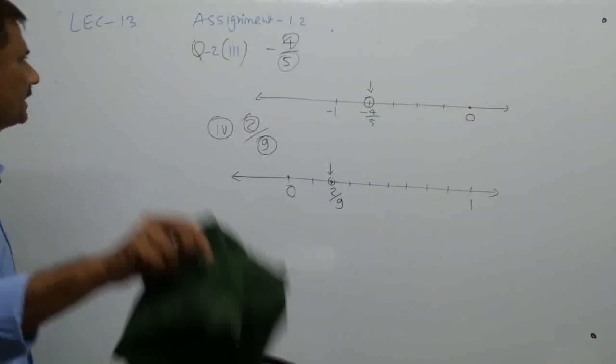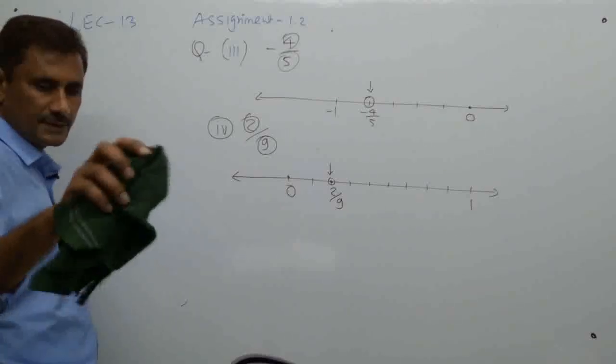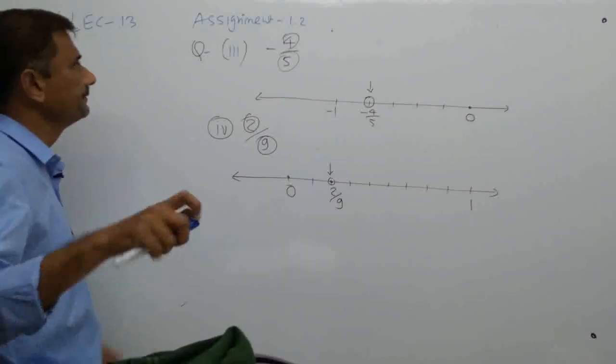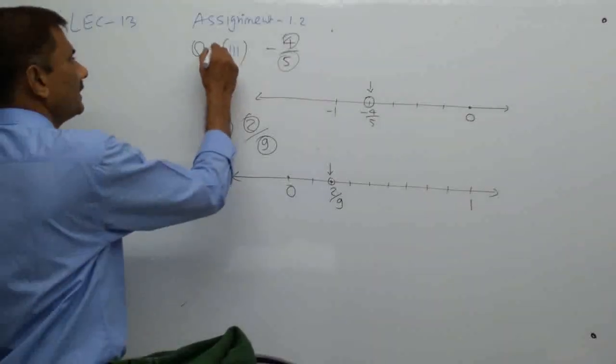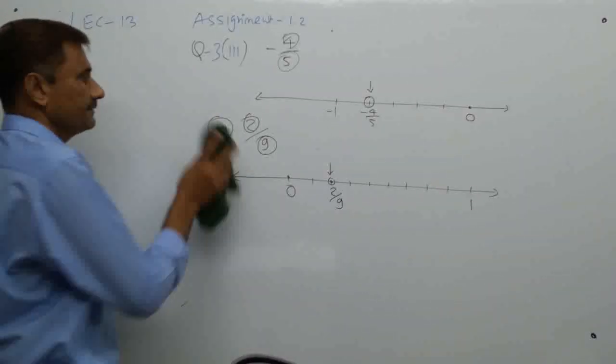Now look at the third one, because the first and second were in homework. Now you can observe that everywhere improper fractions are given.